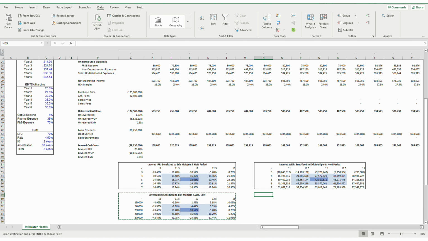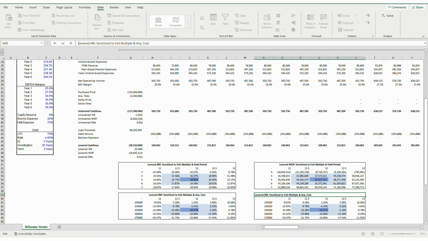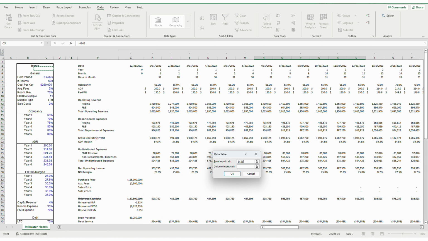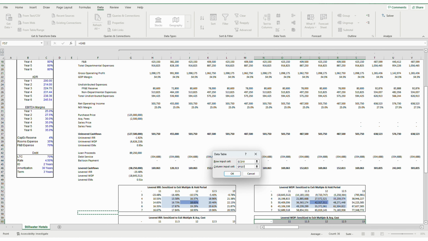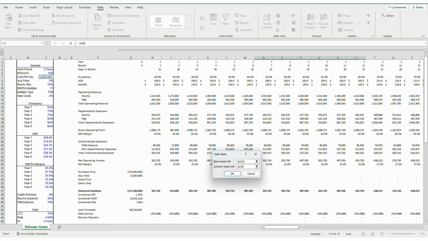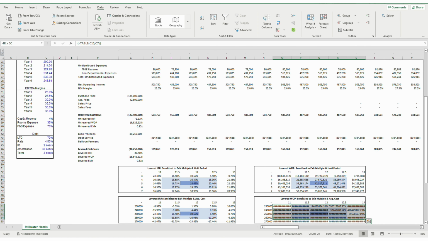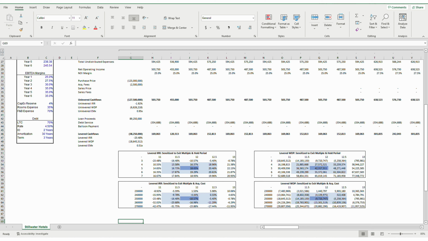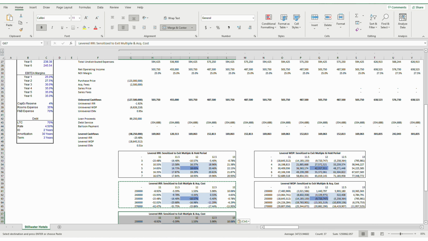Then copying the structure for whole dollar profit. I do the same thing for interest rate and loan to cost sensitivity.